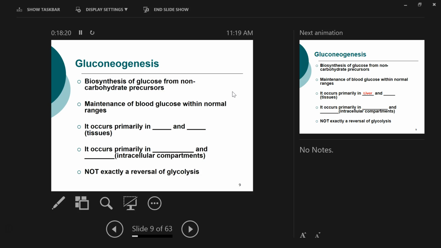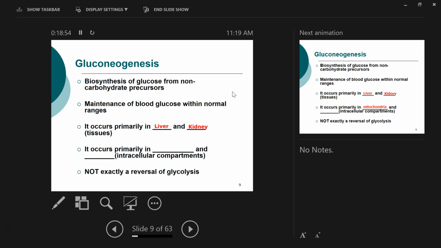And the purpose of gluconeogenesis in our body is to maintain blood glucose level within the normal range. And so what do you think? It occurs primarily in which tissues? We talked about it earlier, right? Liver and kidney. So it primarily occurs in liver and kidney, right?